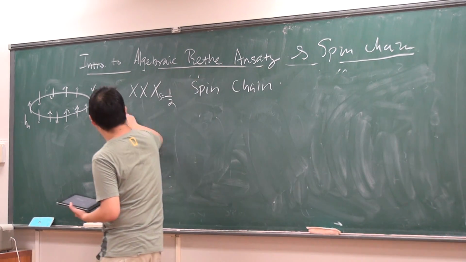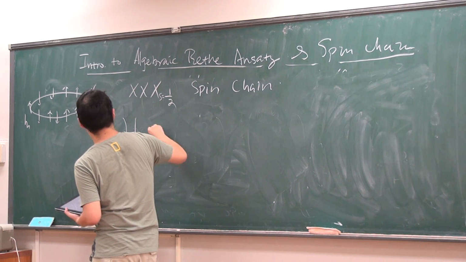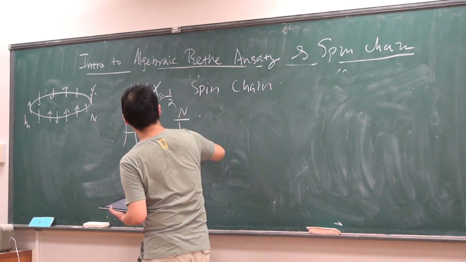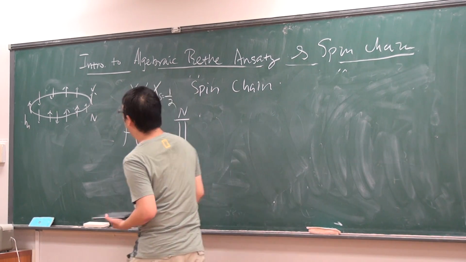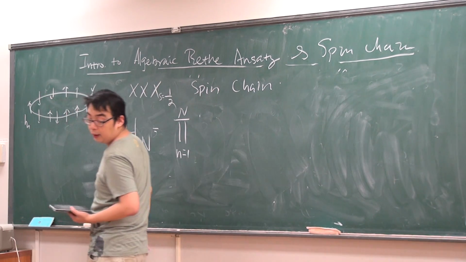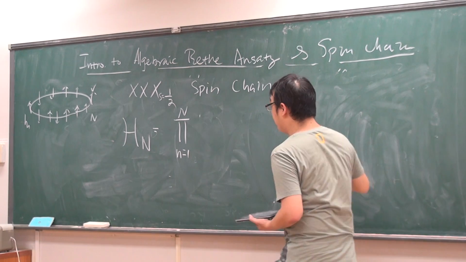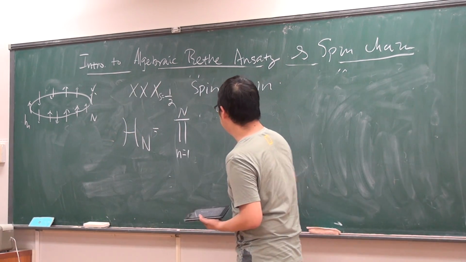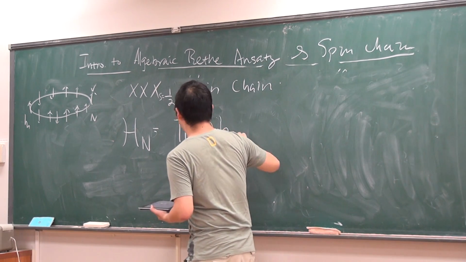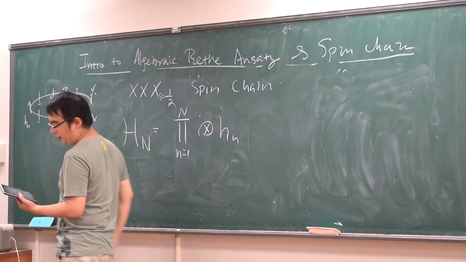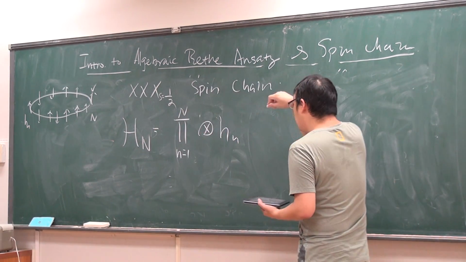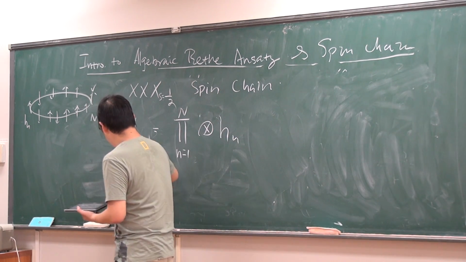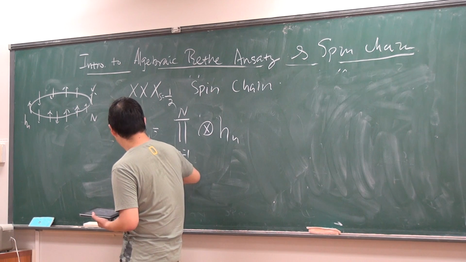So the Hilbert space describing the system is given by the tensor product. We're still looking at a periodic chain of n spins. It's given by the tensor product of the individual Hilbert spaces. And we'll be interested in the spin observables.